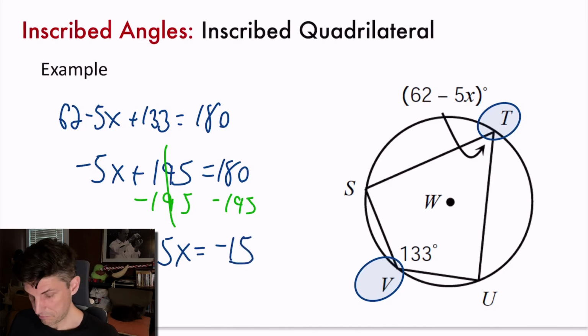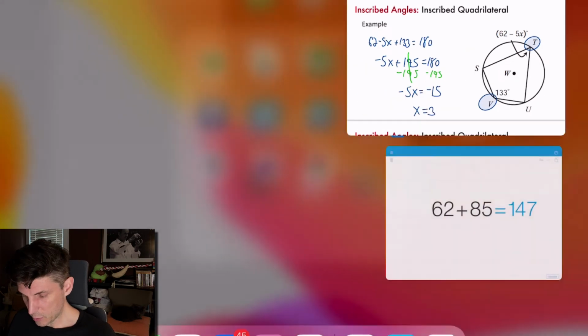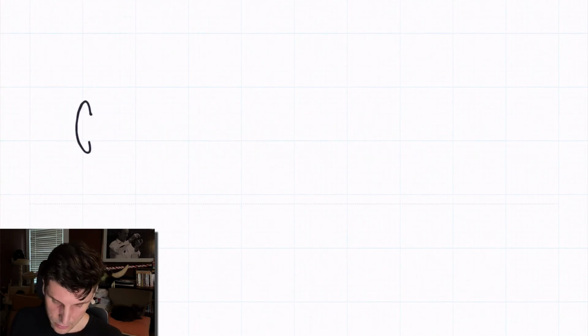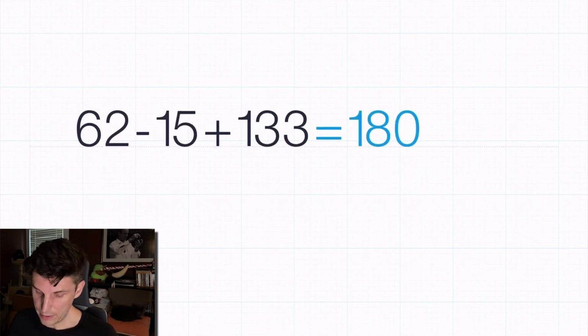And that means x is equal to positive 3. So let's just make sure that worked out. When we plug in positive 3, that's going to be 62 minus 15 plus 133, which should equal 180. Cool, we did it right.